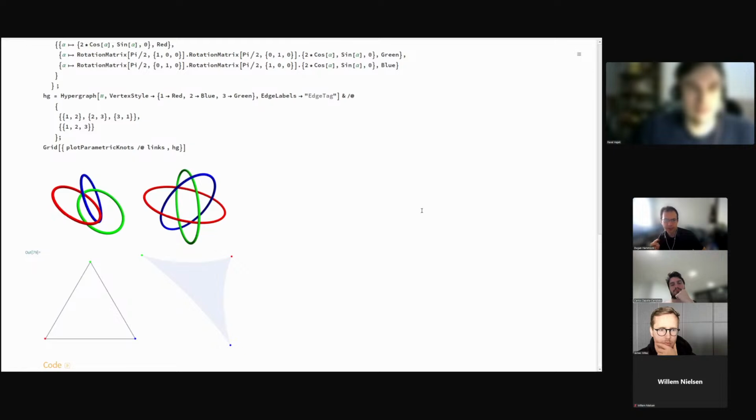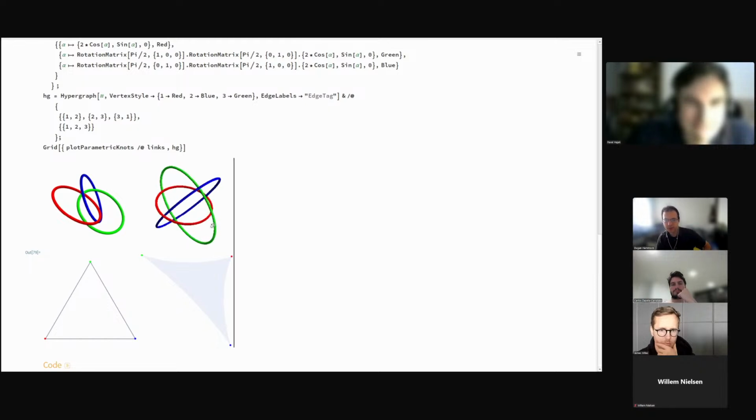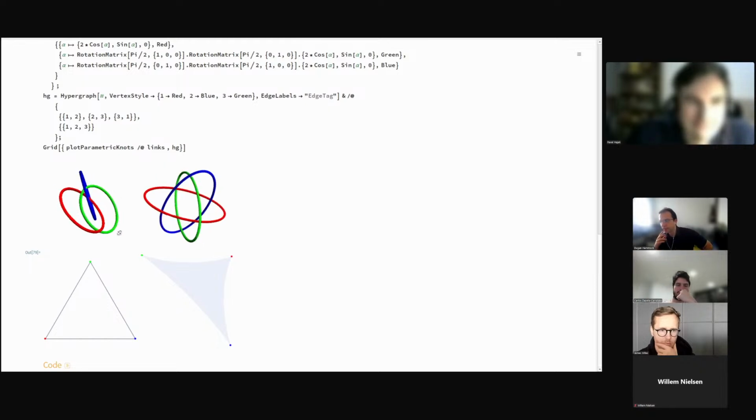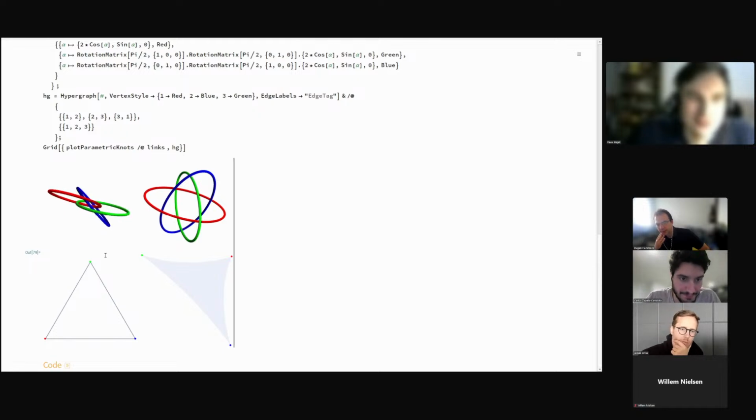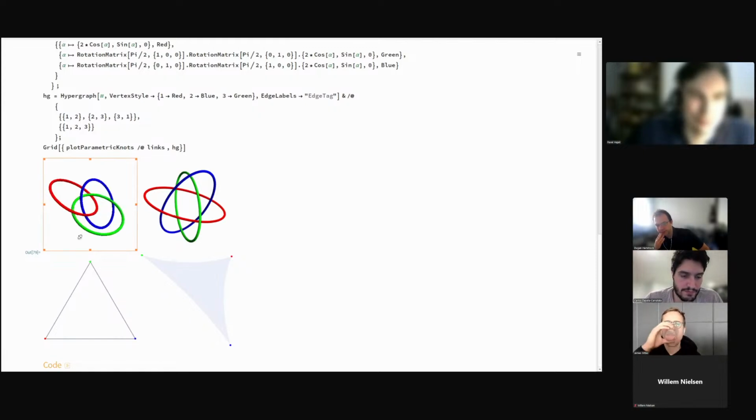So just for clarity, if you took away the green one on the left, the red and the blue would still be linked. The green has edges both to the red and to the blue.